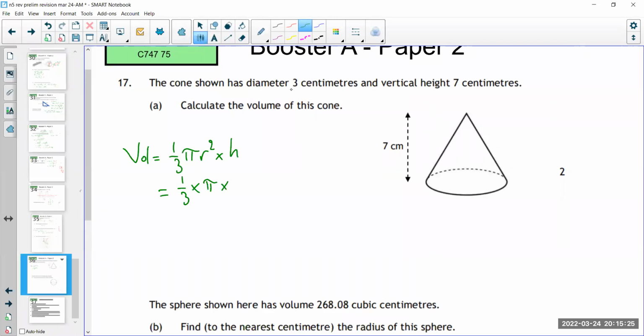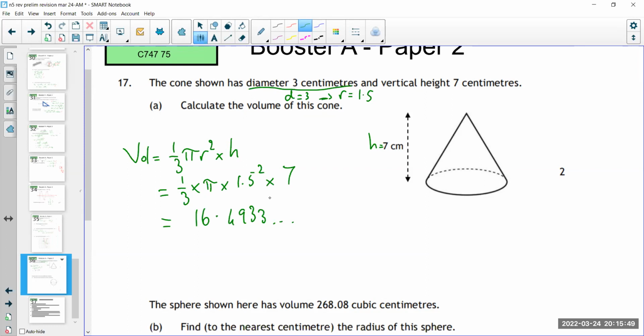What's the r? Oh, let's say d is 3. So if d equals 3, r is half of d, 1.5. So you need to put 1.5 squared here. And the height is just that height here, 7. Put that in your calculator.